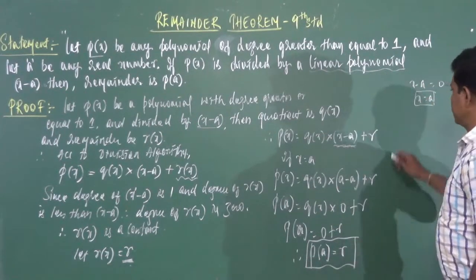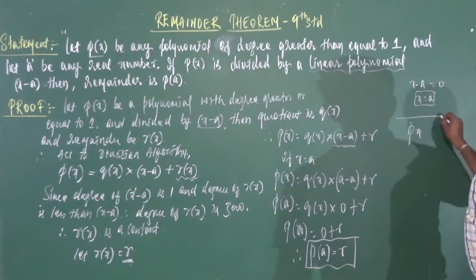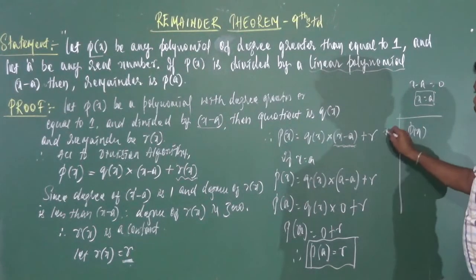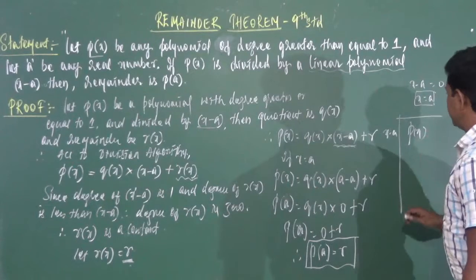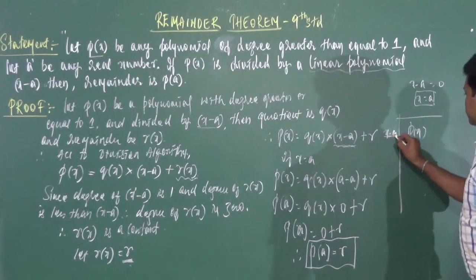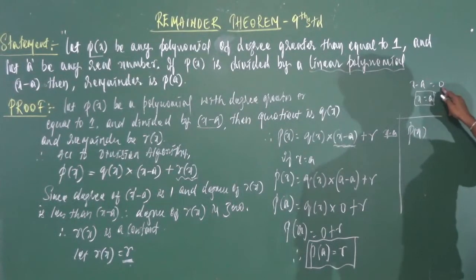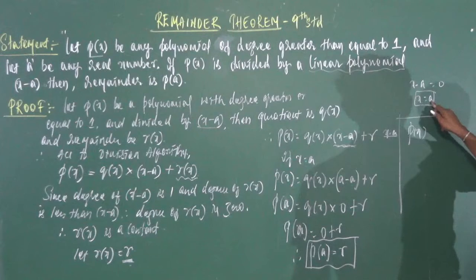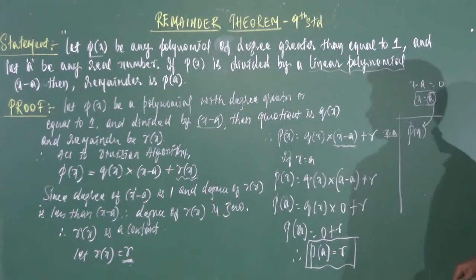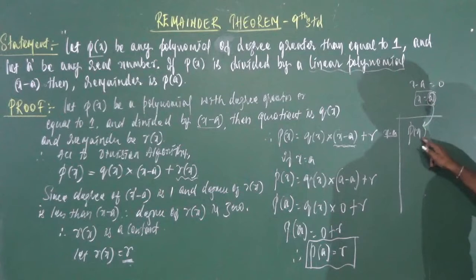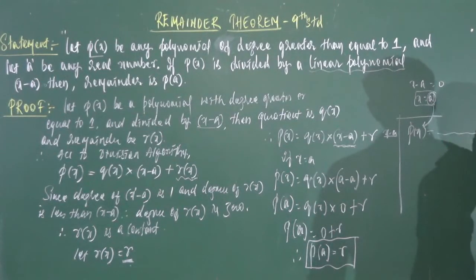So what it means is, if p of x is divided by the linear polynomial x minus a, then equate this x minus a to 0. This is how I have equated. So x becomes equal to a. Substitute this value of a in p of x. Some number will be there.